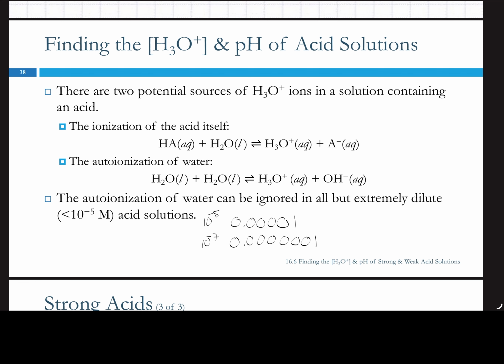So that's 1% of your solution if you have a really dilute acid solution, 10 to the negative 5. Anything less than that, and then the amount of acid produced by the water will be more than 1% of all of the acid in the water.